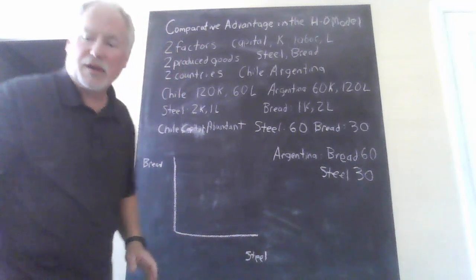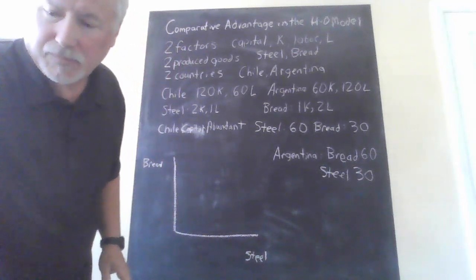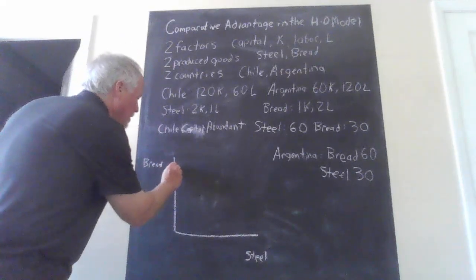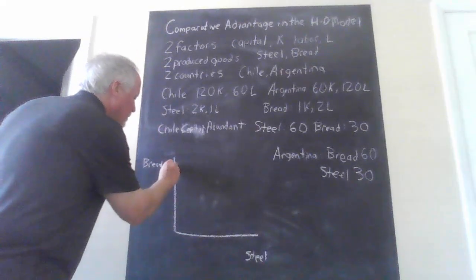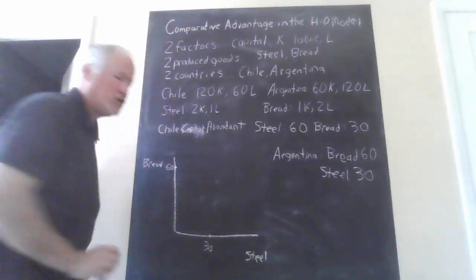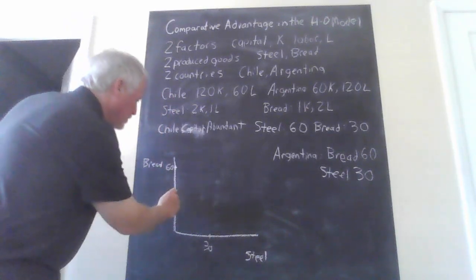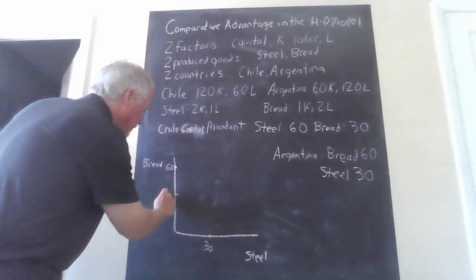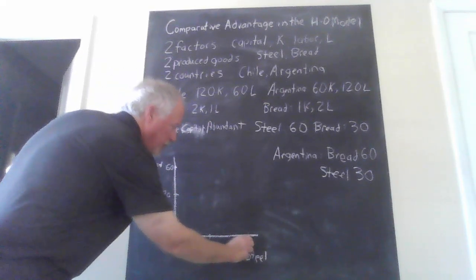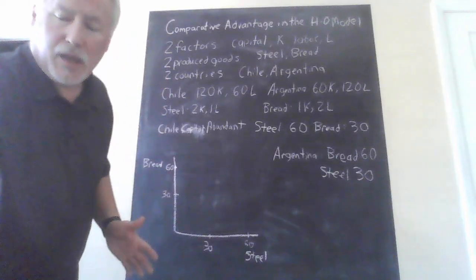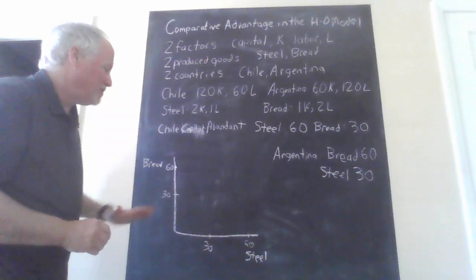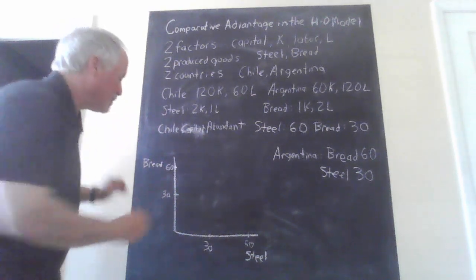So we could come down here and graph this on the axes here, where we see Argentina can produce 60 and 30. So that's Argentina. And then Chile can produce 30 bread and then 60 steel. In the HO model, we use the bowed production possibilities curves.